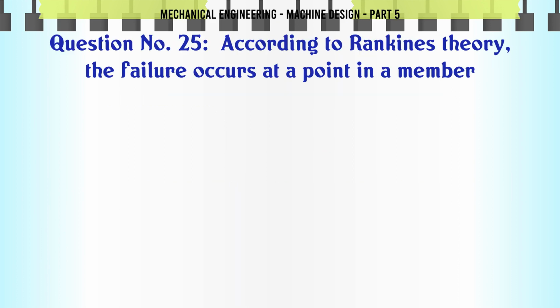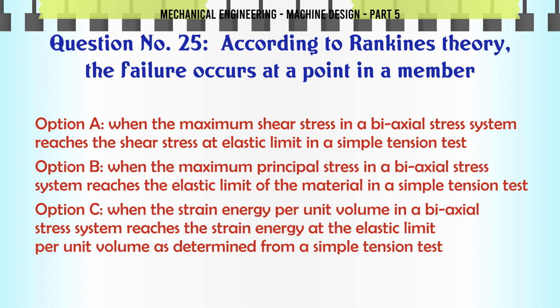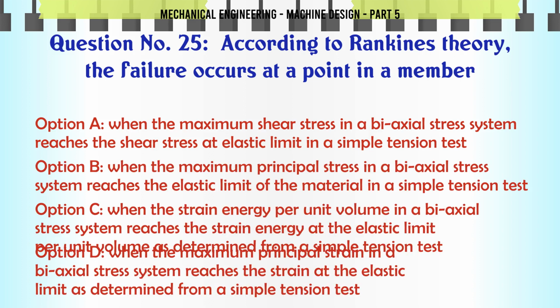According to Rankine's theory, the failure occurs at a point in a member A. when the maximum shear stress in a biaxial stress system reaches the shear stress at elastic limit in a simple tension test, B. when the maximum principal stress in a biaxial stress system reaches the elastic limit of the material in a simple tension test, C. when the strain energy per unit volume in a biaxial stress system reaches the strain energy at the elastic limit per unit volume as determined from a simple tension test, D. when the maximum principal strain in a biaxial stress system reaches the strain at the elastic limit as determined from a simple tension test.